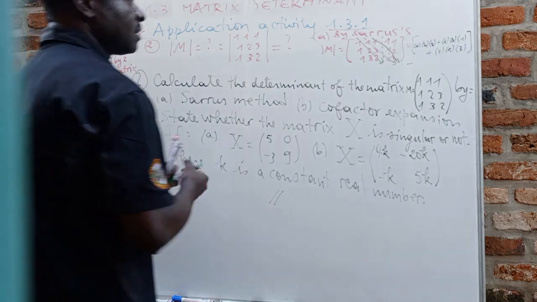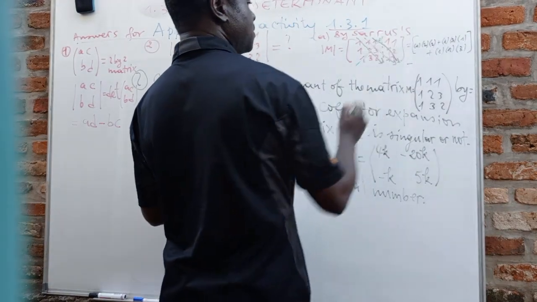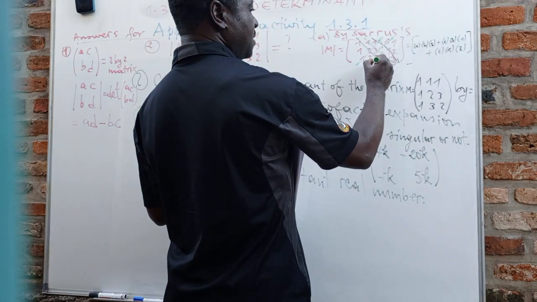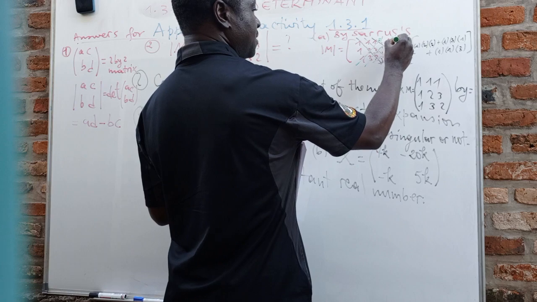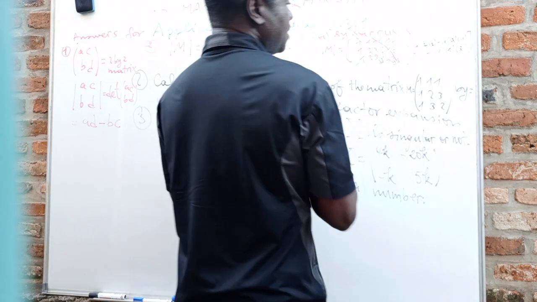Let us look at how it will look like. This one is the product of these elements, and then these, and then these ones, with a sign negative here.